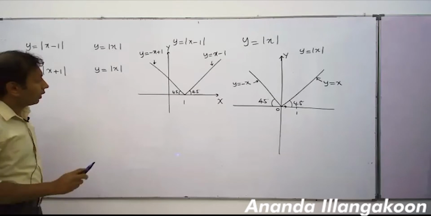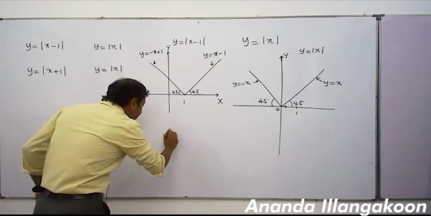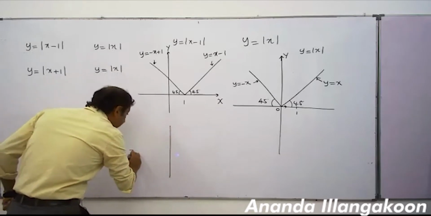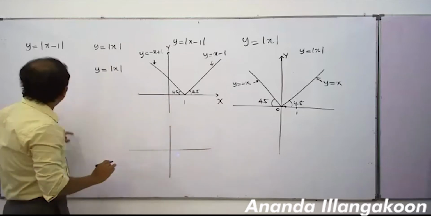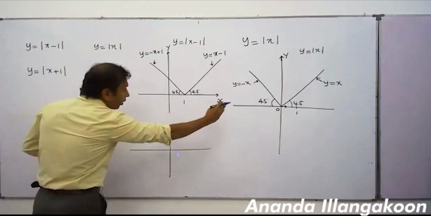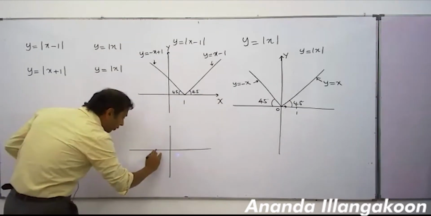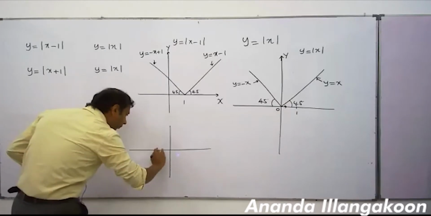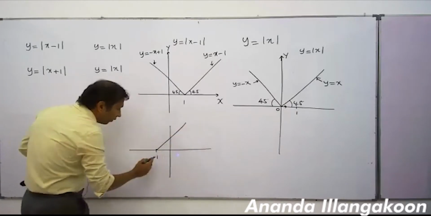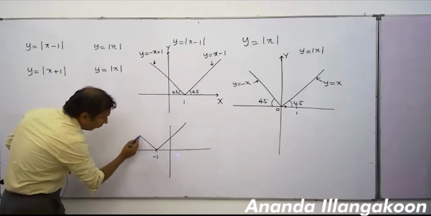Okay. Right. So then if I draw y equals mod x plus 1, then this mod x graph we have to shift leftward by 1 unit. Therefore, here minus 1, the branches are coming like this.